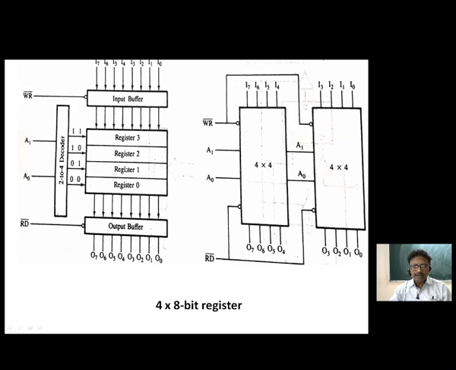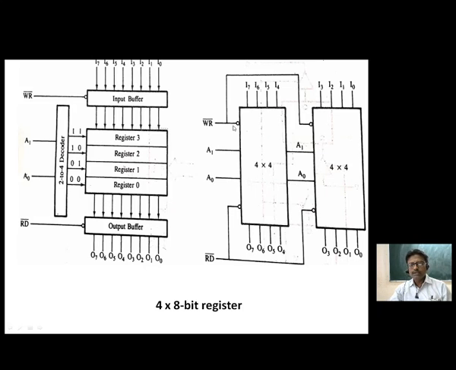Then if we have to store 8-bit numbers, we require 2 such chips, because each chip can store 4 binary digits, and we have to store 8 binary digits. Of course the address will remain the same, A0 and A1, because there are 4 registers in each chip, and these registers will be identified by the different values of A0 and A1.